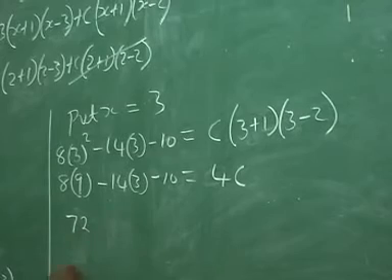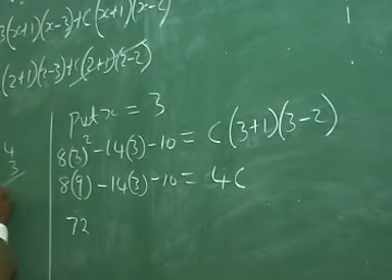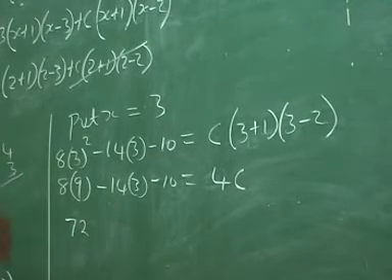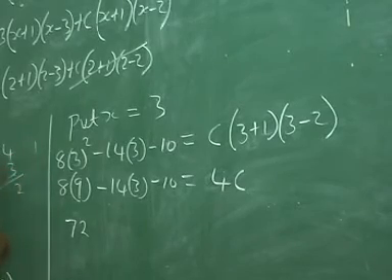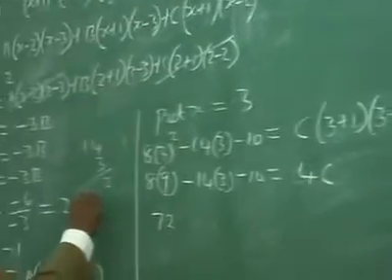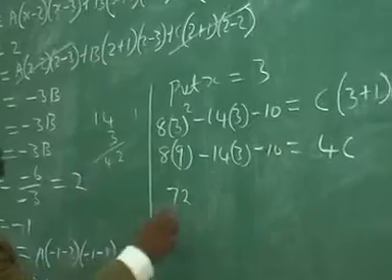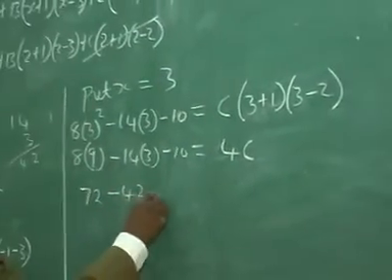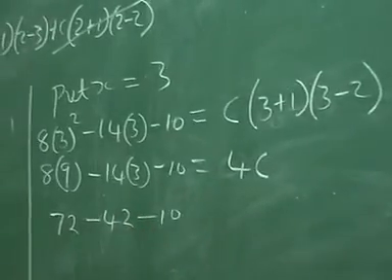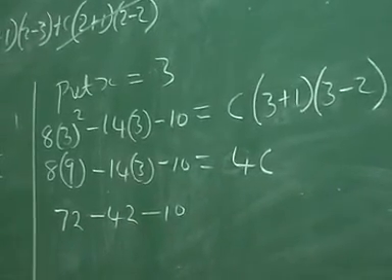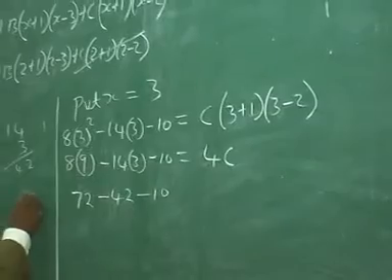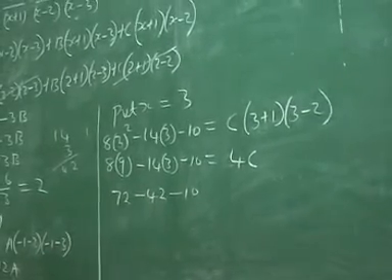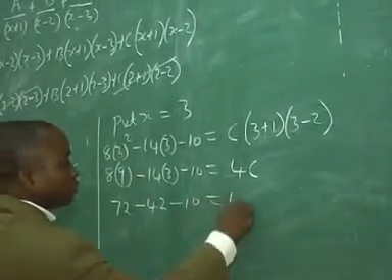Now, 8 times 9 will give us 72. Then 14 times 3. 3 times 4 is 12. Carry 1. 3 times 1, 3 plus 1, we have 4. So we have 42, minus 42 minus 10, so minus 42 minus 10 will give us minus 52. Alright, 4c.